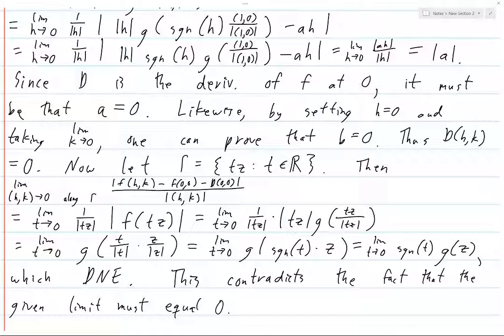No matter how you approach the origin, you need this fraction to be 0, otherwise D is not the derivative. The fact that D is the derivative at the origin means that if you approach the origin along any path, this limit will be 0, and here the limit does not even exist, and therefore it doesn't work.